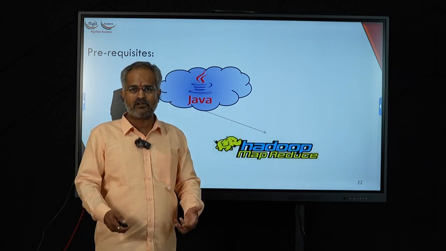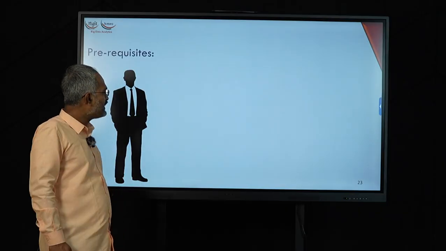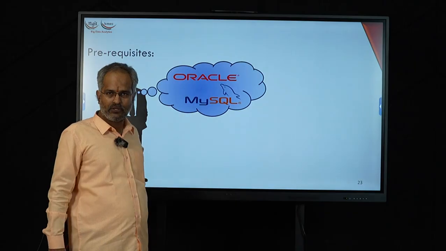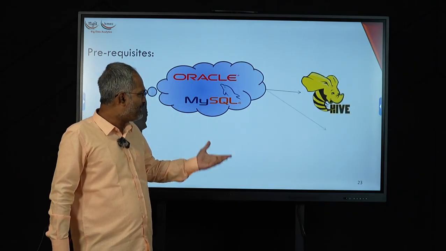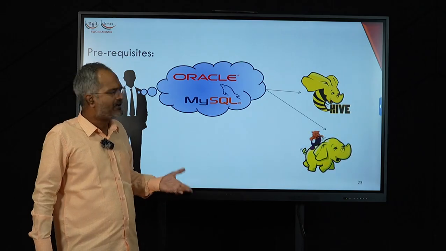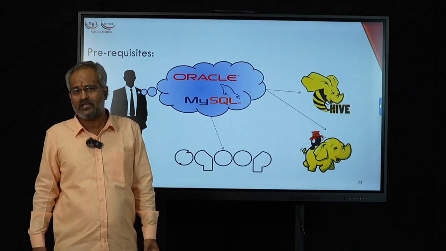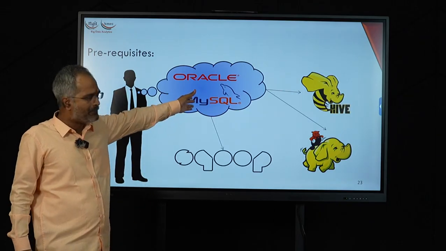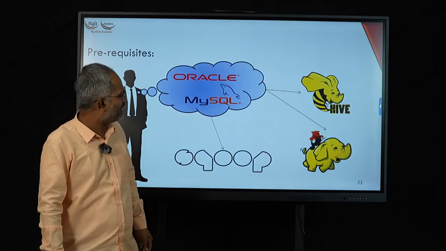It is a framework developed on top of Java. And if you are good in any database system, like Oracle or MySQL, then you can enjoy Hive, Pig and Sqoop, and also of course Impala. Some other component is also there, that is Impala. So if you are comfortable with databases, you can go through all these components easily.